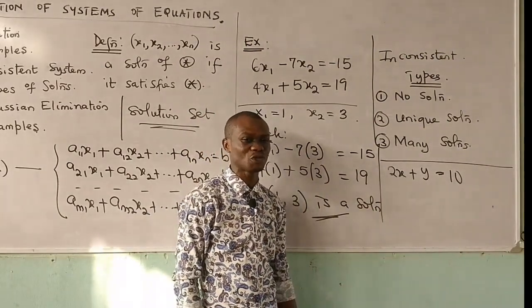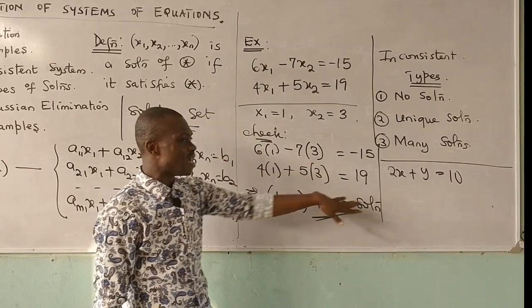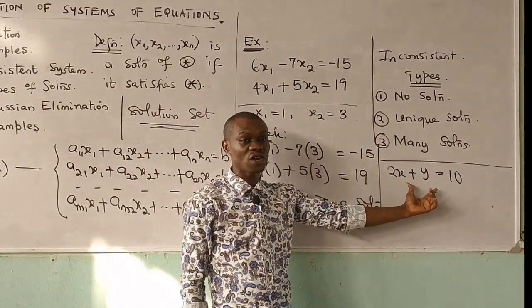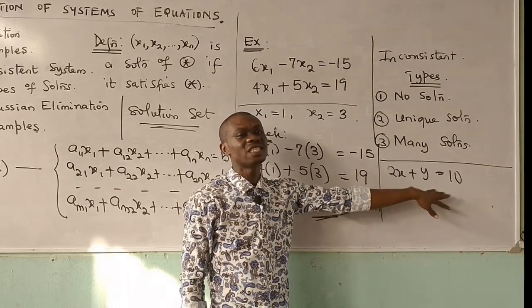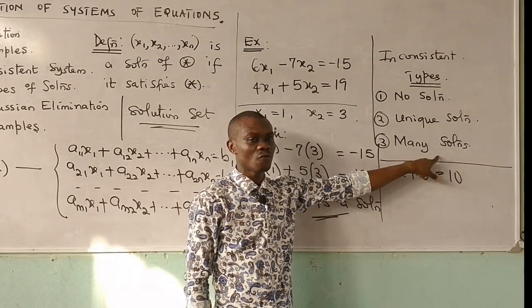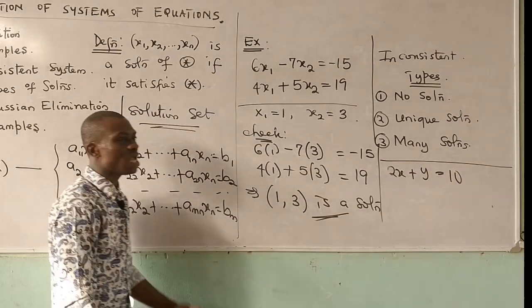But of course, that's not true, and linear algebra will teach you that whenever an equation is of this form, that is, more variables than the number of equations, it is easy to see that it is going to have many solutions. And that is the condition for many solutions, which we are going to see as we continue.